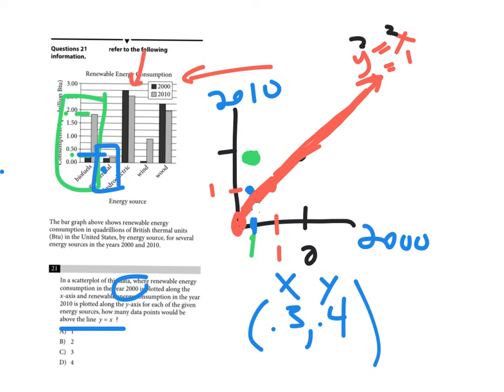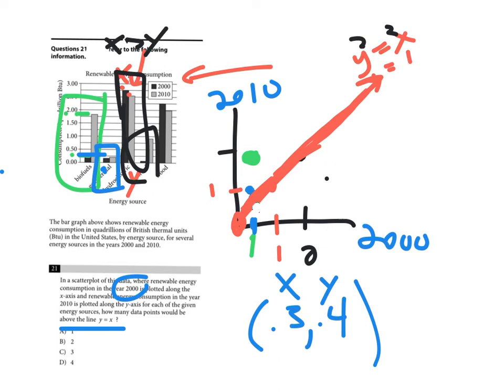This here for hydroelectric, you're going to have your x value greater than your y value because the 2000 bar is taller than the 2010 bar. So if I plot this one, x is bigger than y, so that's going to be underneath.